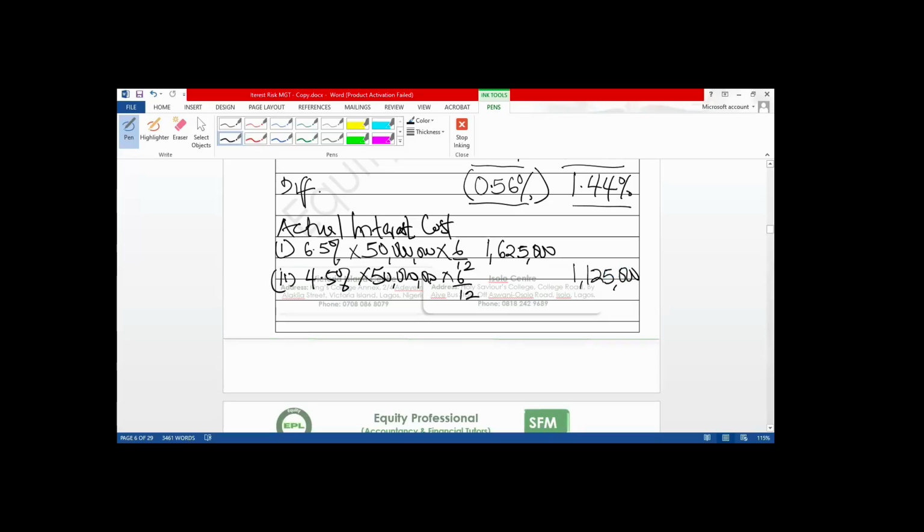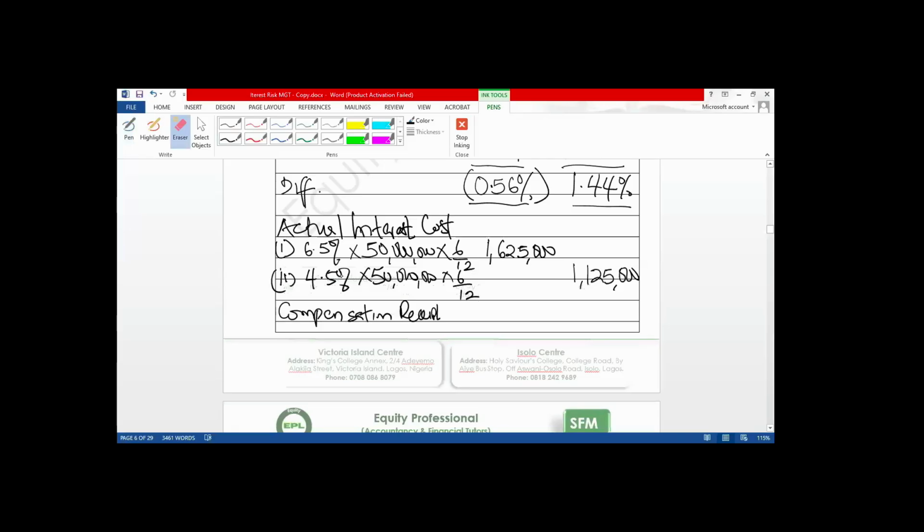Now, the difference. Here we need to reduce this amount by 0.56%. We call it compensation received or paid.